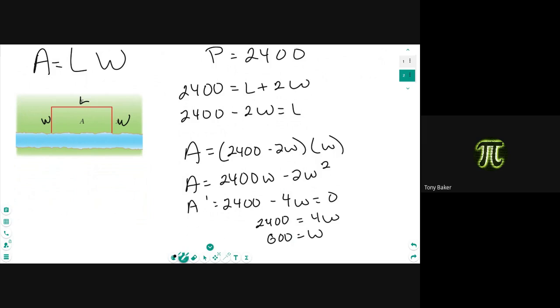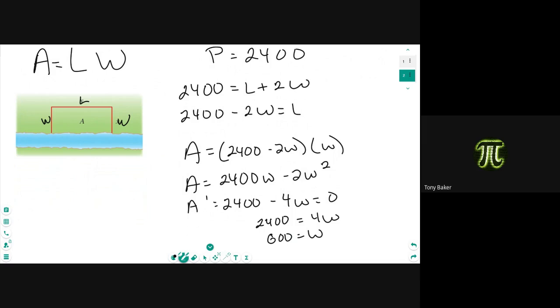What other values could come into play? So we have our zeros. That's the first derivative one. We also have the endpoints of my original function. Remember, because these don't go on forever. There's values that make sense for length and width. So what's the biggest the width could possibly be?